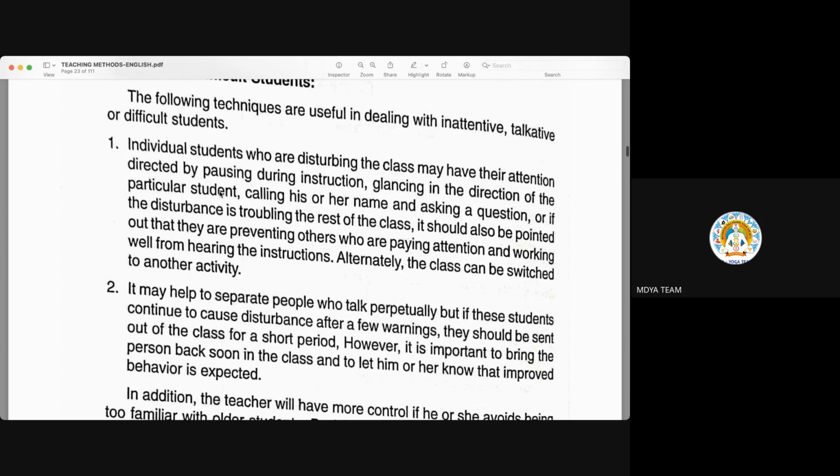The first one is that an individual student who is disturbing the class may have their attention directed by you. You can pause your instruction. Like you are teaching a particular topic, then you see some of the students are disturbing the class, to those students also who are interested in your lecture.